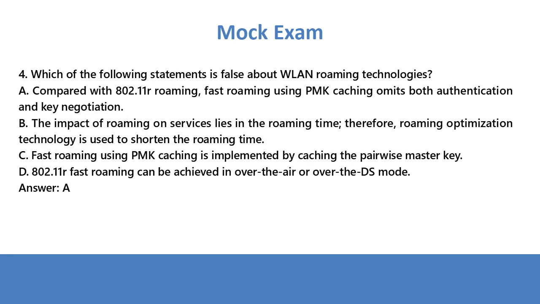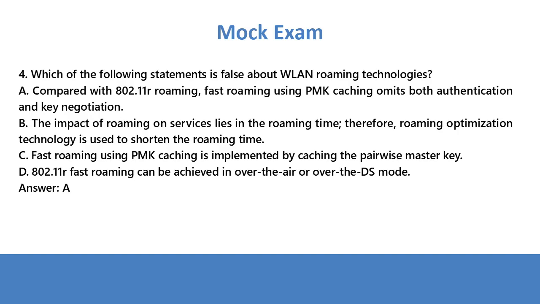4. Which of the following statements is false about WLAN roaming technologies? A. Compared with 802.11r roaming, fast roaming using PMK caching omits both authentication and key negotiation. B. The impact of roaming on services lies in the roaming time.